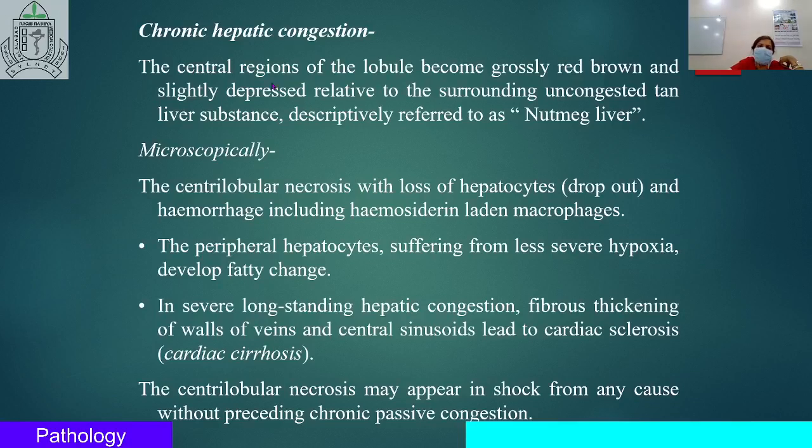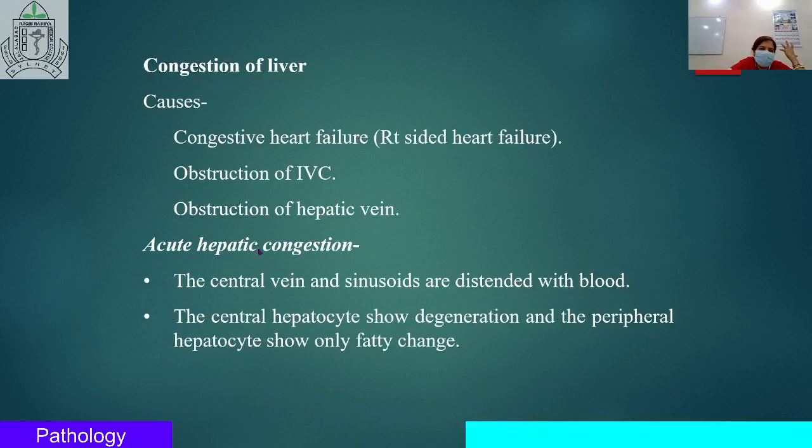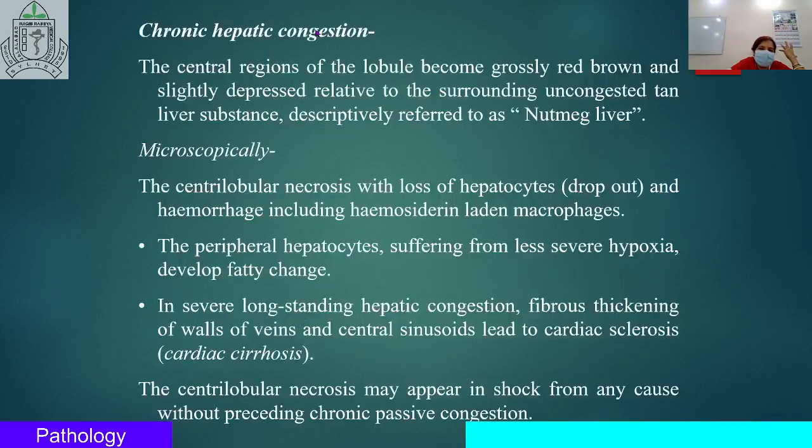In chronic hepatic congestion, the central region becomes grossly red brown. We already know that central hepatocytes undergo necrosis, and there is also deoxygenated blood, and there is breakdown of red blood cells.